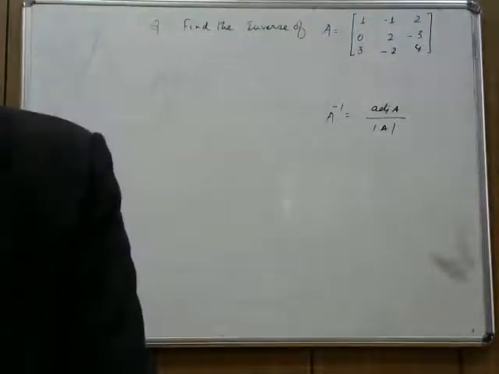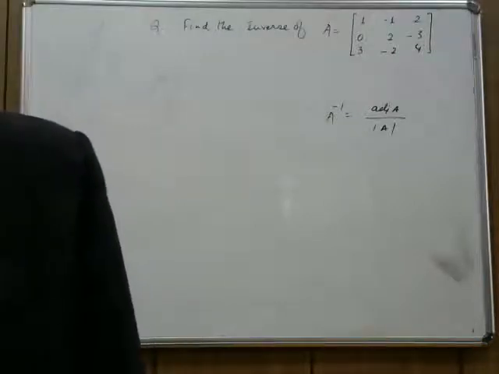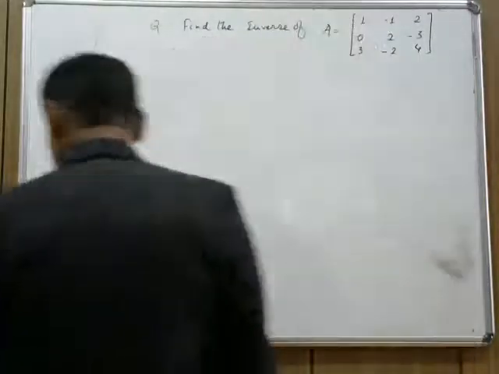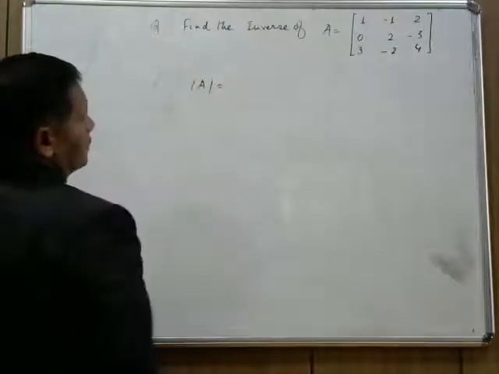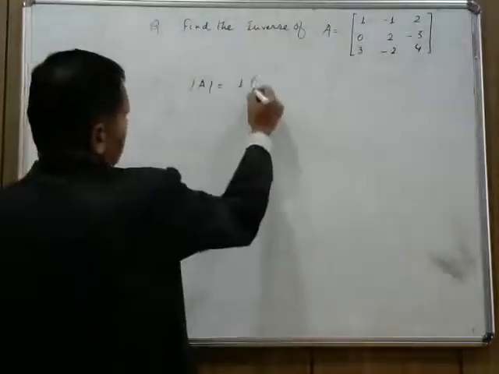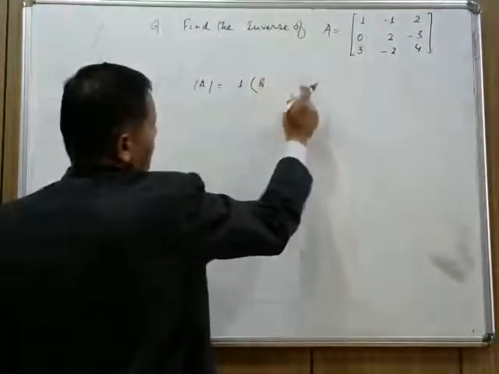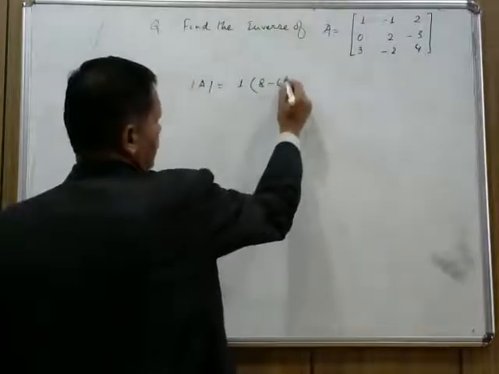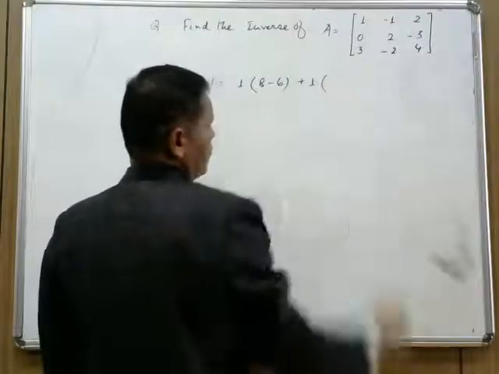Very good. Now we will be doing these questions. So first of all we'll find the determinant of A. Determinant of A is equal to 1 multiplied by 8 minus 2 into minus 3 plus 6, the formula minus 6, minus 1 becomes plus 1.